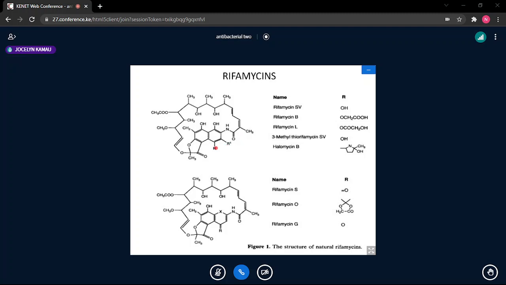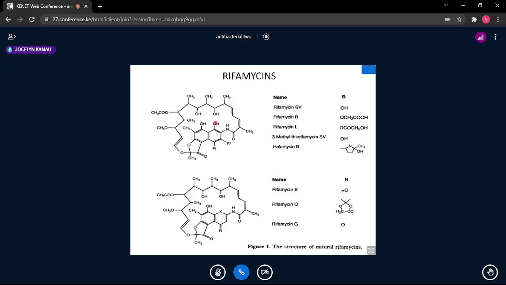receptor within the tubercle. So rifamycin SV, and for rifamycin SV, R is a hydroxyl group. So if R is a hydroxyl group, that means R1 is a hydrogen. You can also see position 1. In these ones, we have position 1 for all of them, a hydroxyl group.